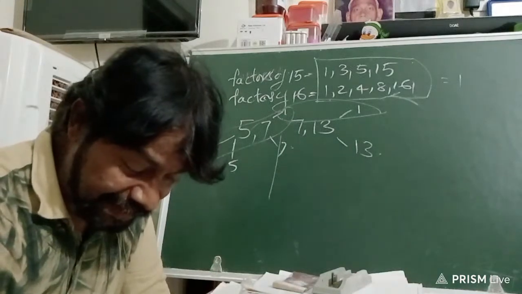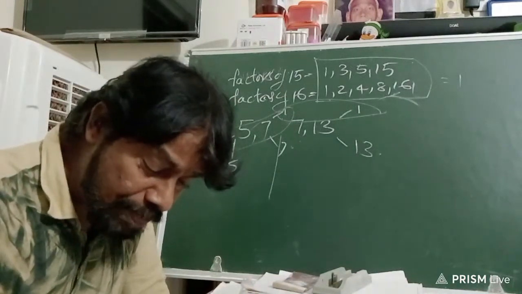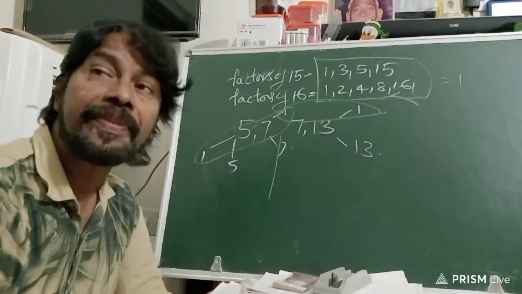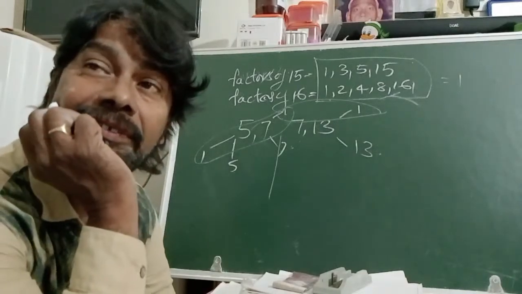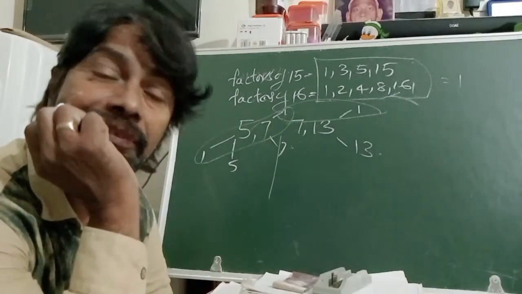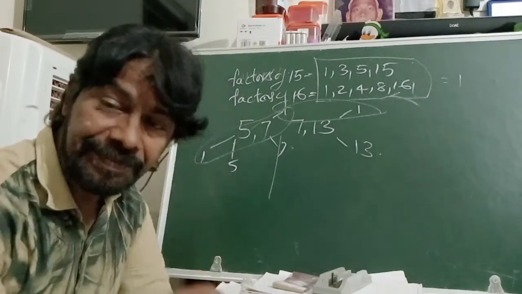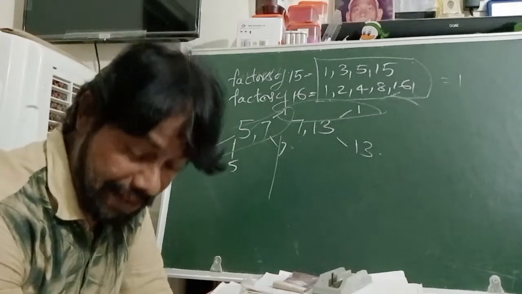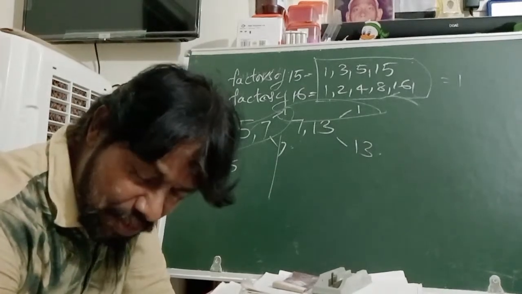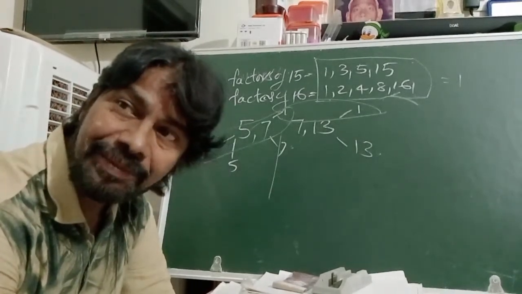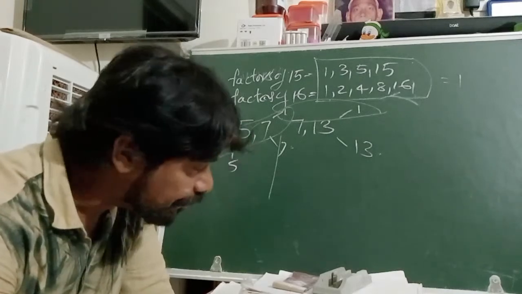And the third one is the square of the two co-prime numbers are always co-primes to each other.